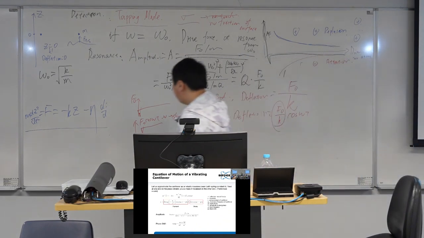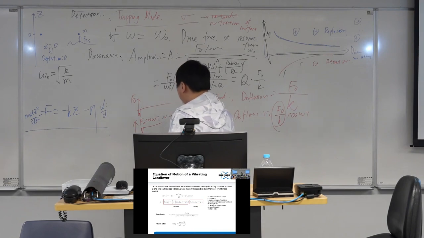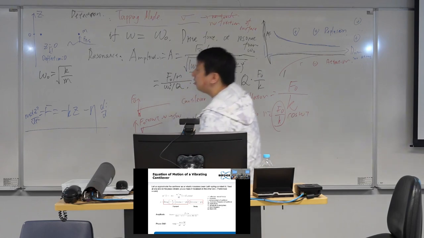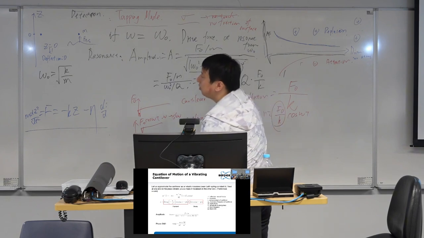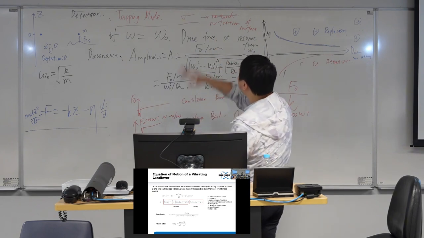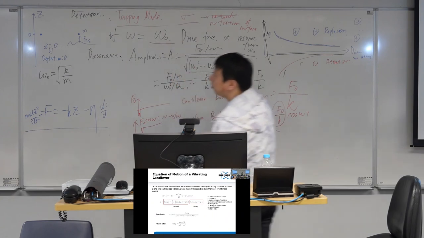But if for F0 cosine omega t, omega equals omega 0, that means we drive the cantilever to bend at its resonance frequency.